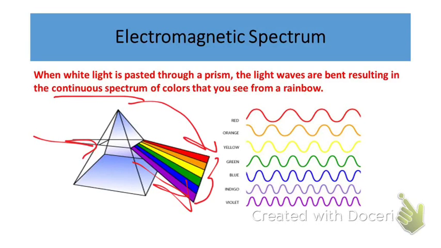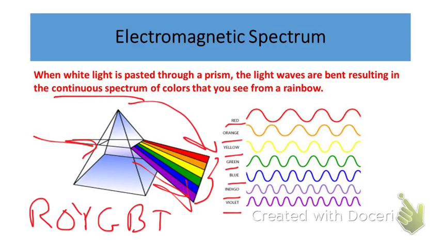Generating electromagnetic waves that are red, orange, yellow, green, blue, indigo, and violet. Okay? These are the colors of the rainbow, which you should know as Roy G. Biv. Red, orange, yellow, green, blue, indigo, and violet. And so this is a continuous spectrum of visible colored light that we have the capability of seeing.